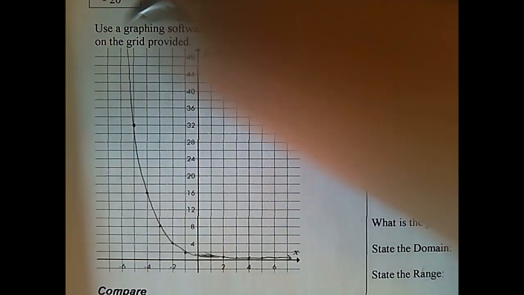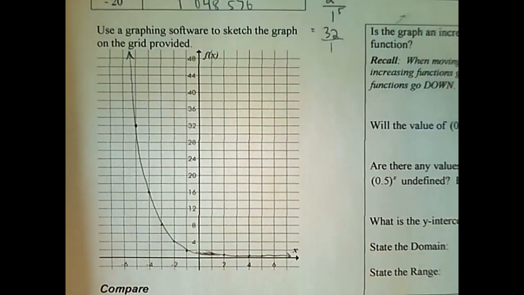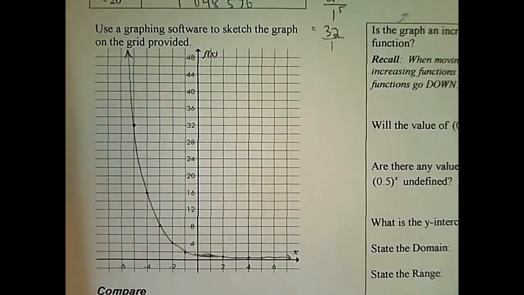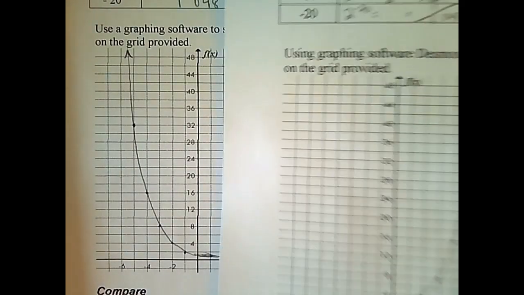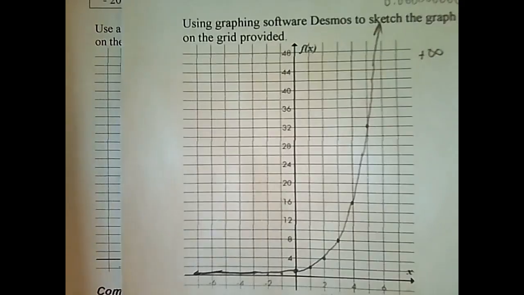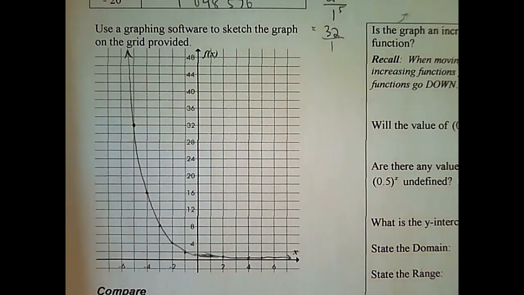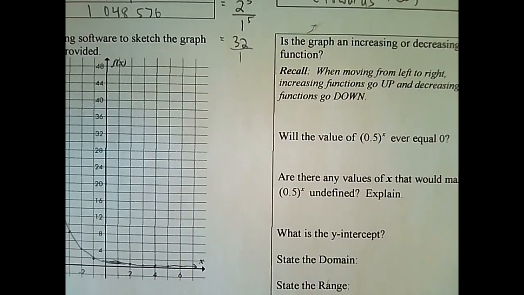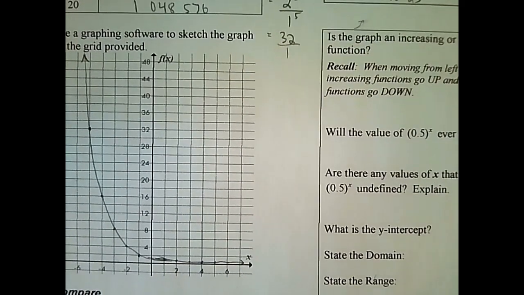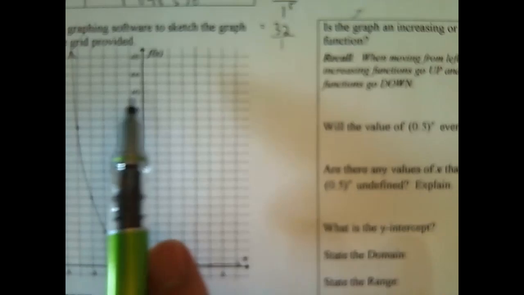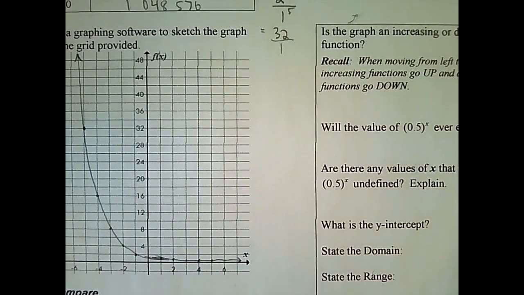So here's your graph. It should look like this, and it should just kind of look like the opposite of the other graph. Here's the other graph right here. So is the graph an increasing or decreasing function?